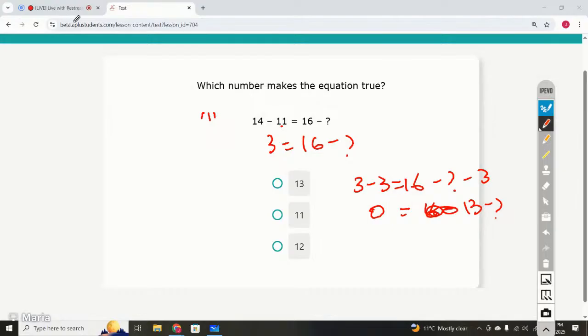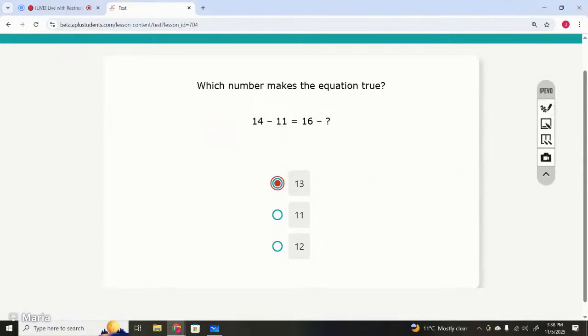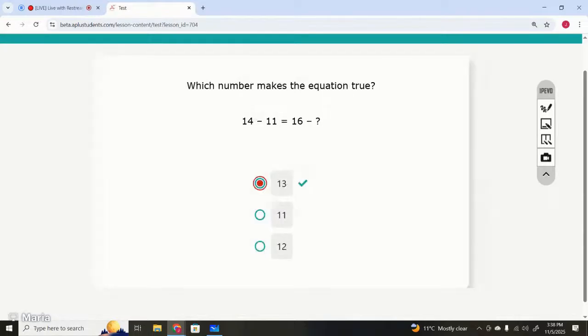Subtracting a number from itself always makes 0. 13 minus 13 is 0, so the correct option is 13.